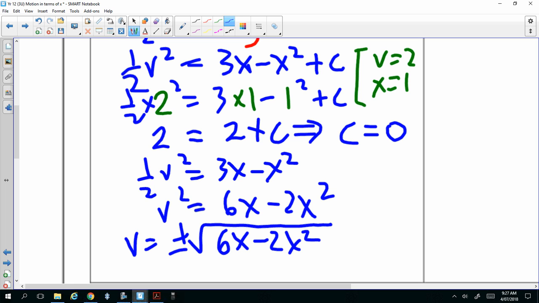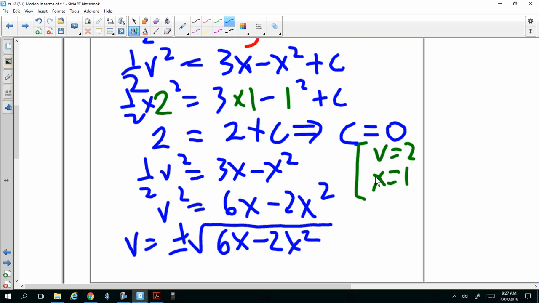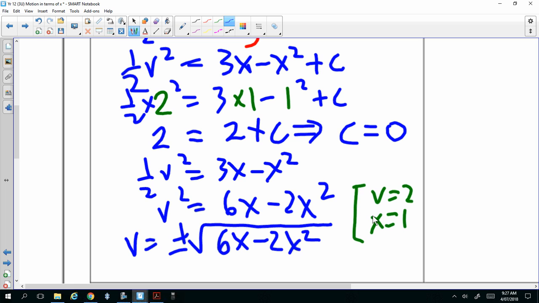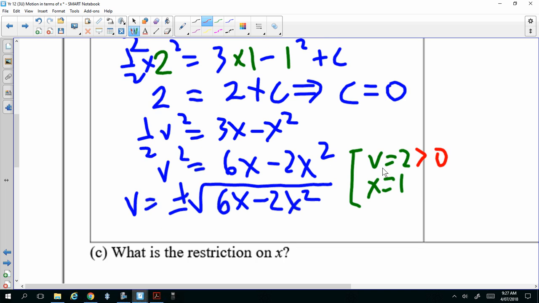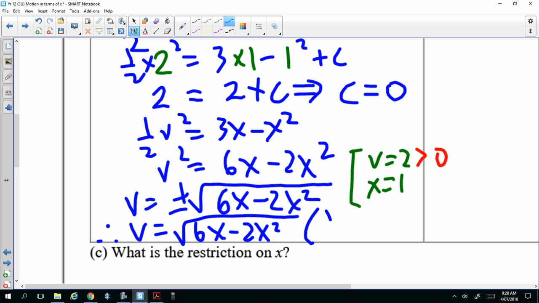That tells you when x is 1, v is positive. Because v is positive, therefore we must take the positive square root. So you give a reason: v is positive when x equals 1. So that's how we know. So look at this condition.